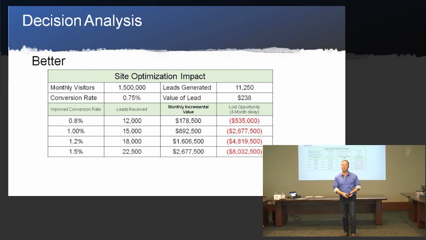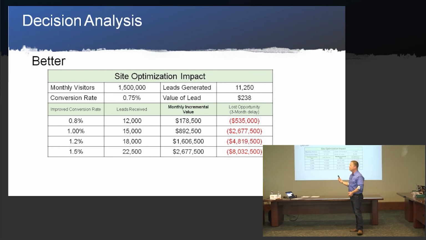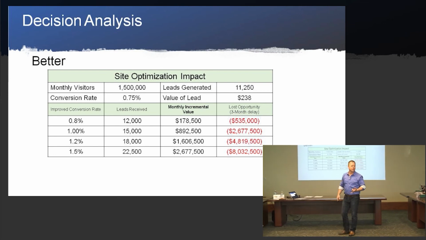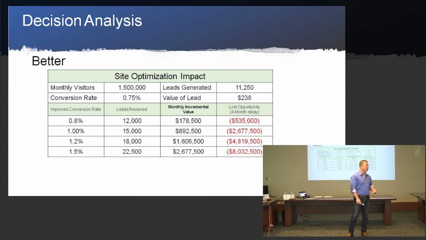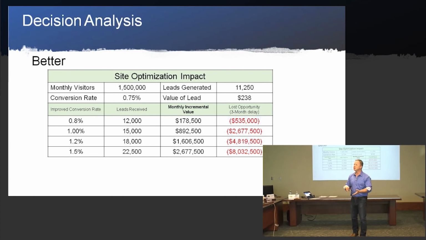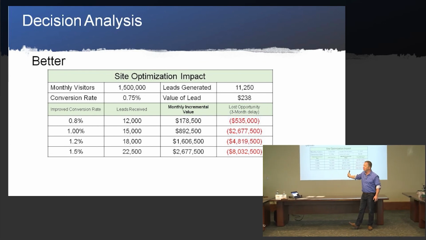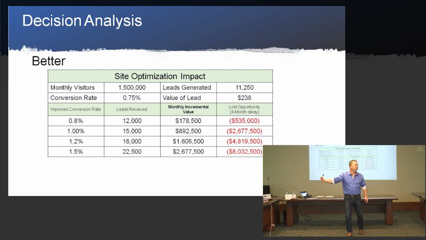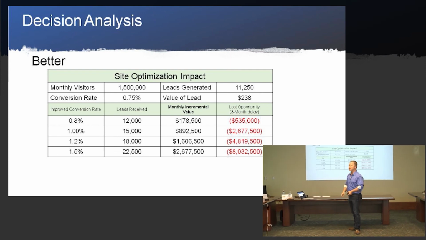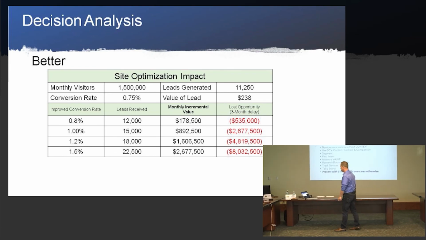Really, what this gets down to is understanding what's wrong with our landing pages, what's wrong with the conversion, and what people are expecting to see that they're not seeing. That's where we start using our KPIs and building a plan. But the CEO doesn't need to know that. All the CEO needs to know is the cost of inaction, because that's big, and that's what motivates people to take action.